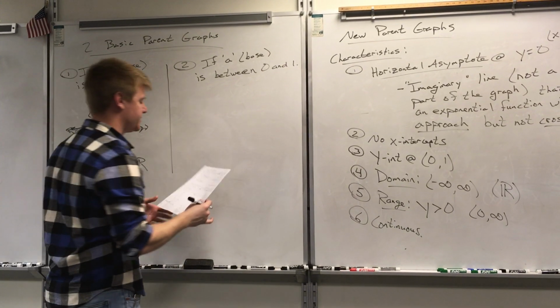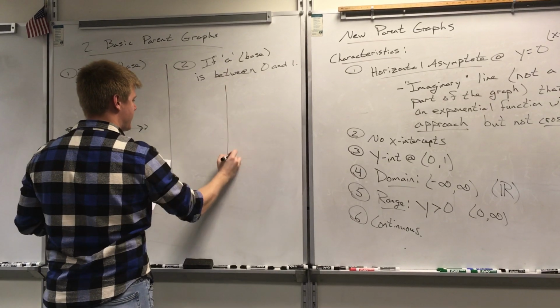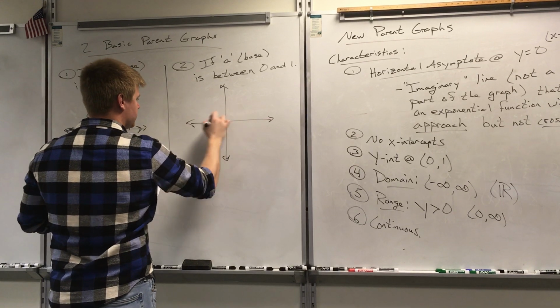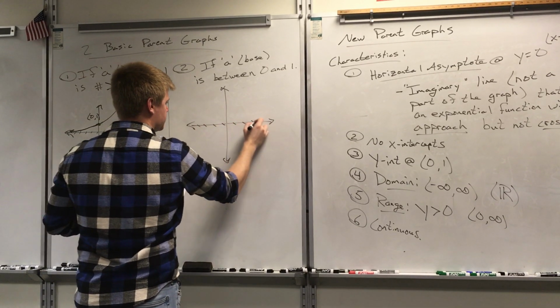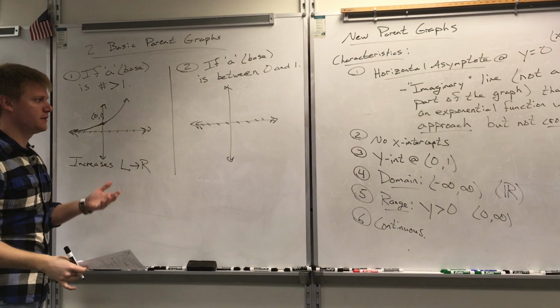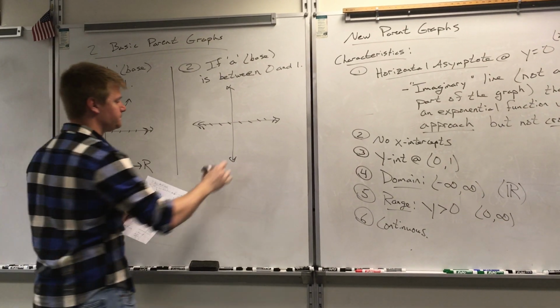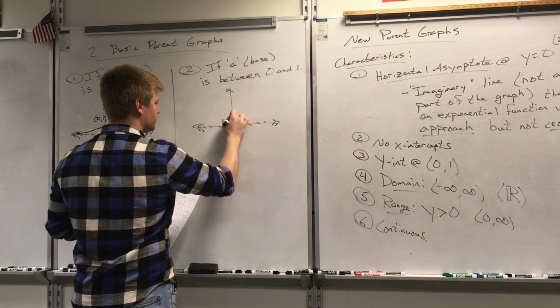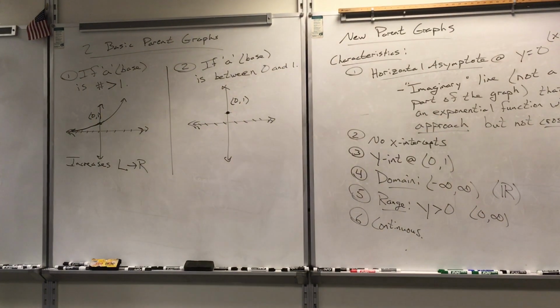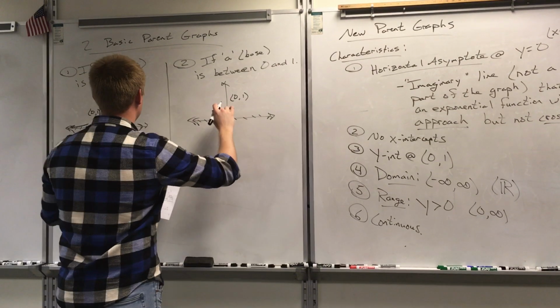If it's a fraction that is less than 1, what the graph will do then, once again, it's going to have the same horizontal asymptote, an imaginary guideline that it will not cross. Once again, a y-intercept of (0, 1). But here's what it's going to do.